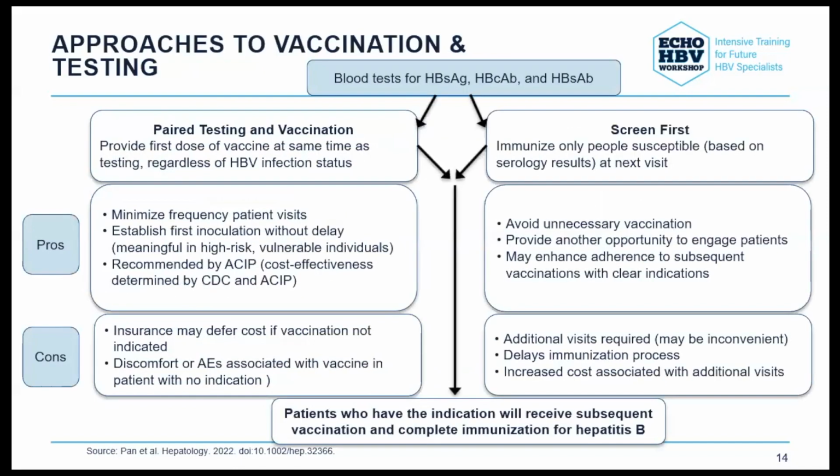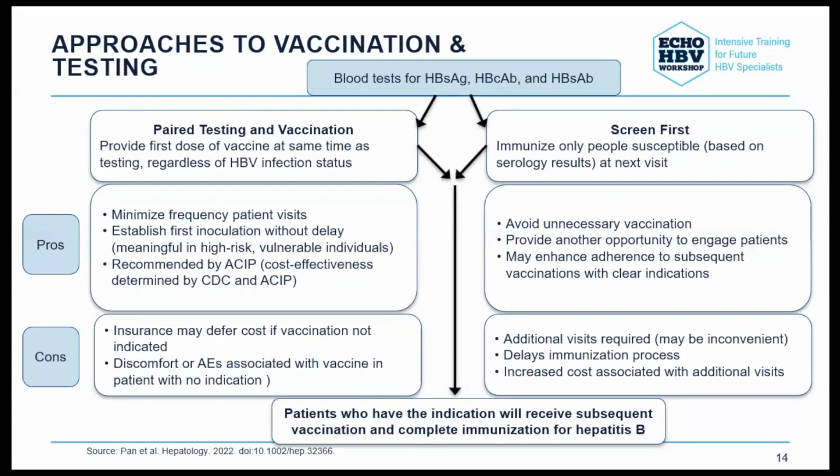So here are two approaches. On the right is the old approach, where we do the screening test first, and then decide whether to give the patient the vaccine. But the new approach, on the left, shows the CDC recommends that even if you don't know whether the patient is a candidate for the vaccine or not, as soon as you draw the blood for screening, on the same visit, you give the first dose of vaccine.